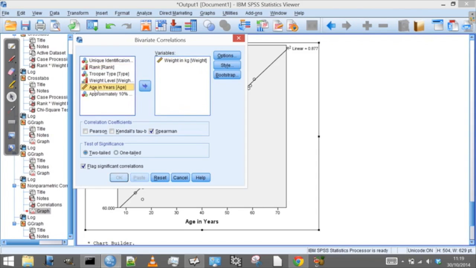Then select the age variable and click on the arrow that points right. And this time we're not doing the Spearman because we seem to have satisfied the criteria for running a Pearson correlation, so we're going to look at Pearson.